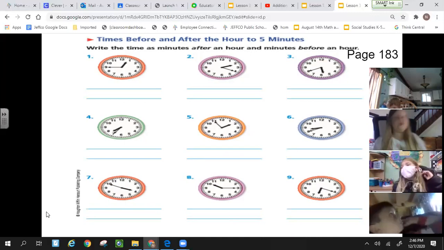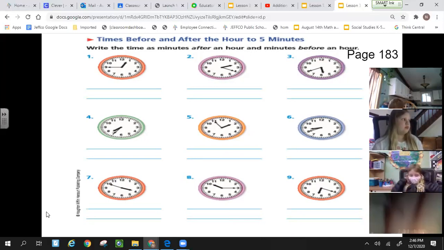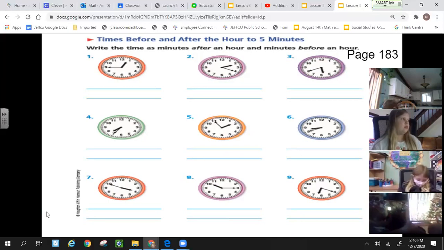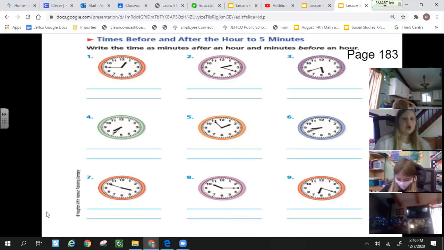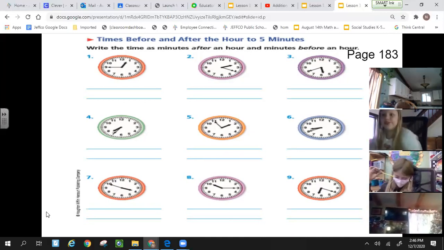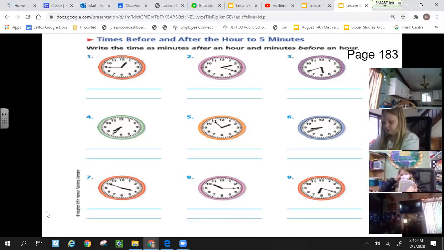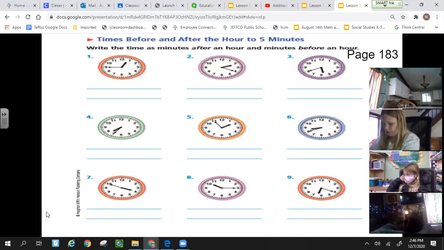And what I like about teaching this lesson is it really helps me know who understands the clock and time, because when you say minutes after, minutes before, you understand there's 60 minutes in that hour, and you know how to count by fives and how to count by ones. So you have all the skills to do this. Now it's just practicing and participating.